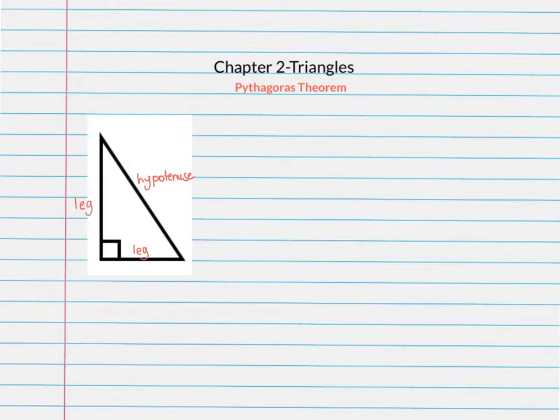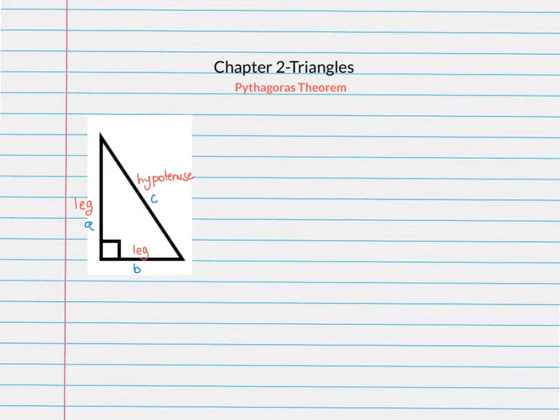Now, it is commonly known that the hypotenuse has a measurement c. We will give it the letter c, and c is always used, so the hypotenuse has a measurement c. And the legs, one of them has a measurement a and the other has a measurement b. The most important thing is to identify c. C is always for the hypotenuse or for the longest length.